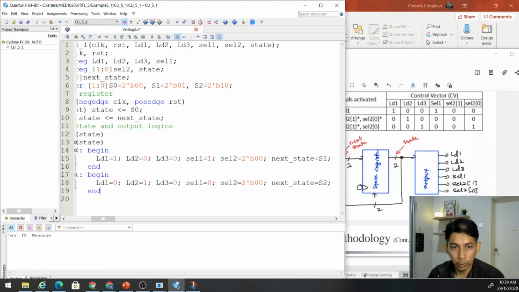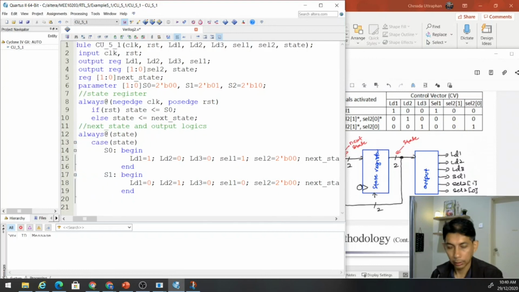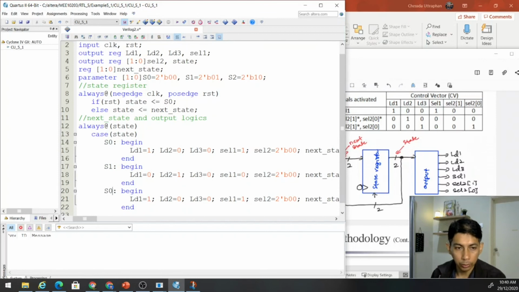Is it the same? 0, 1, 0, 0, 0, 1, 0, 0, 0, 0. Okay. And the last one is S2. And this should be 0, 0. LD3 is 1.